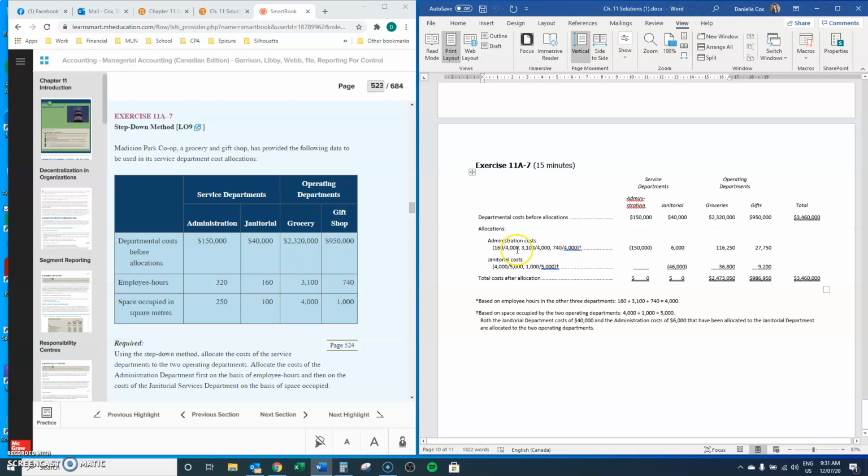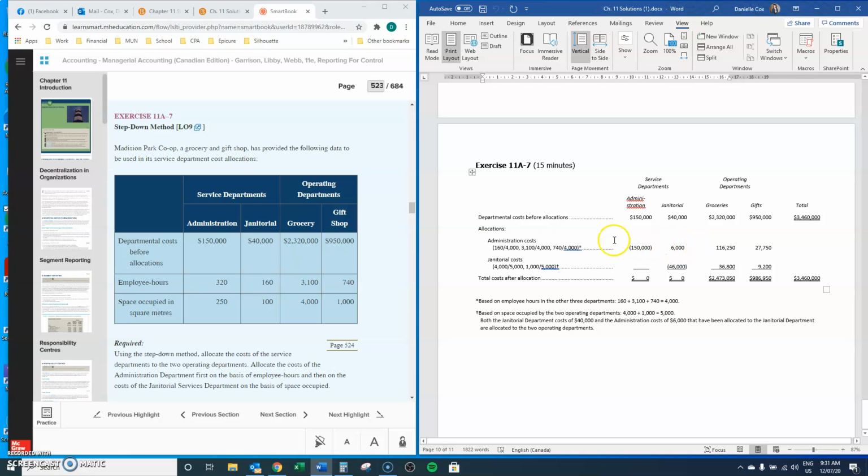When you do the math, 160 divided by 4,000 times 150 gives 6,000. Here you get 116,250, and 27,750. So these administration costs are now sitting in janitorial, groceries, and gifts. Administration is now 0.